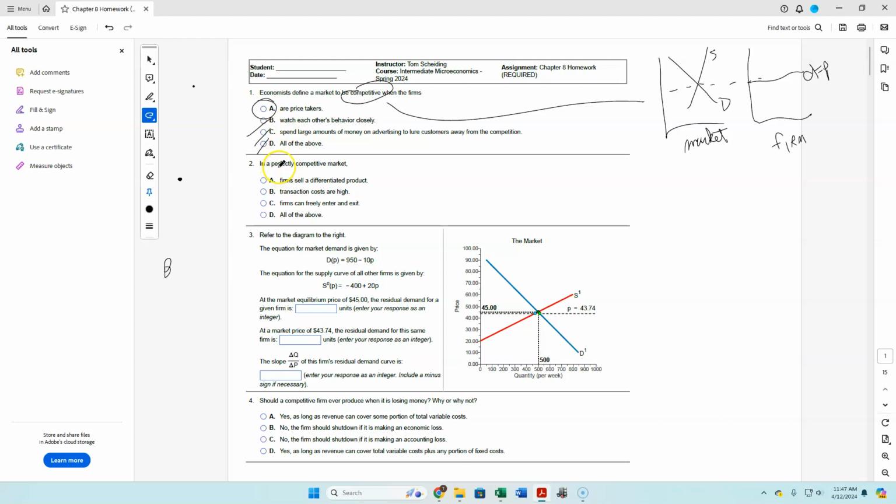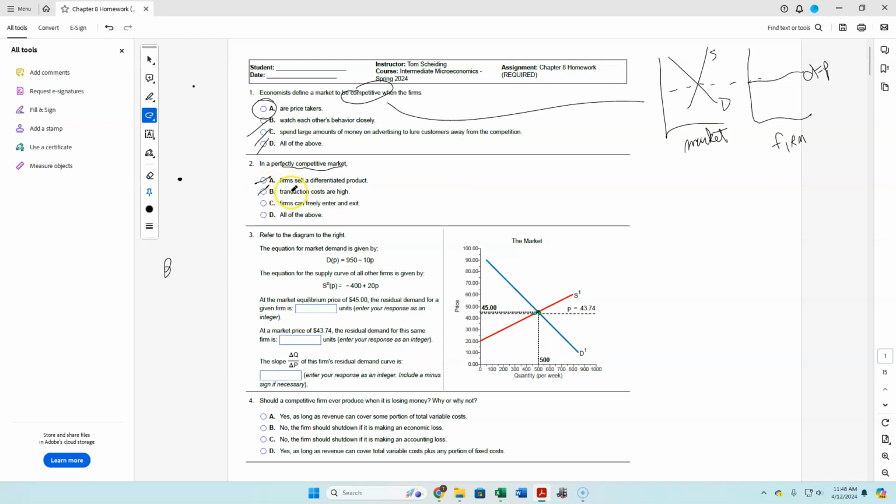Okay, so what about number two then? What do firms do in a perfectly competitive market? Well, what we know is that they don't sell a differentiated product. Part of the definition is that the product is homogeneous, meaning it's the same. Transaction costs are high? Well, no, actually, the transaction costs are low.